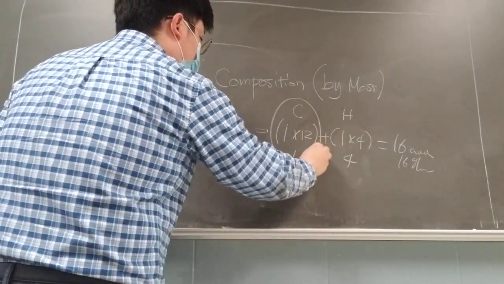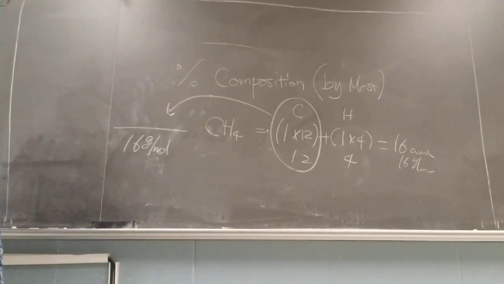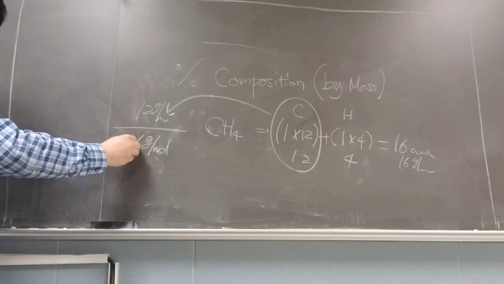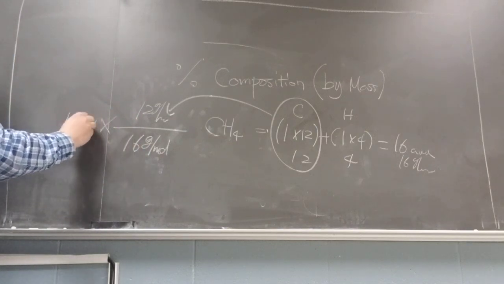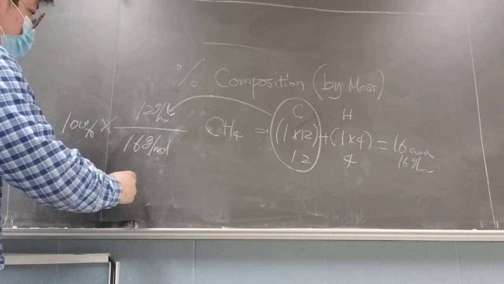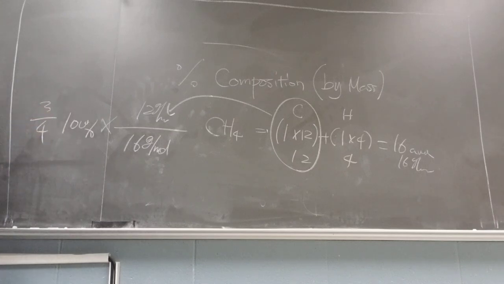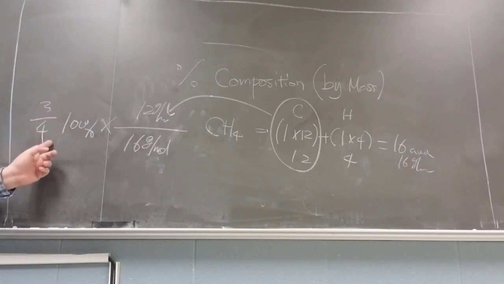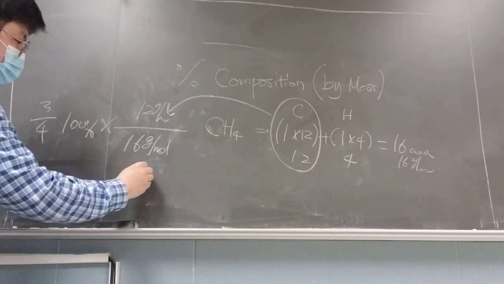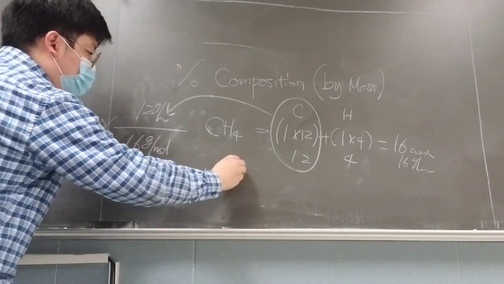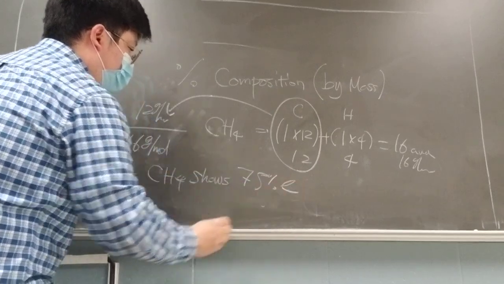You just copy the carbon's 12 to here, and you multiply the fraction by 100%, so you have the number in percent by mass. So this would be 12 over 16, and if you divide by 4, it's 3/4, right? So I can say methane shows 75% carbon by mass.